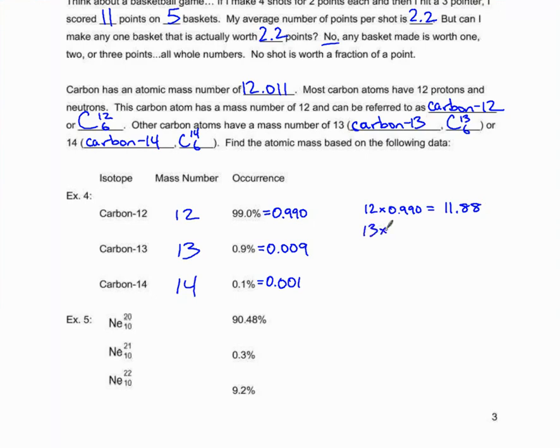We have 13, which is 0.009, which is 0.117. And carbon 14.001, this is 0.014. And these 3 numbers, I'm going to total them up, I'm going to add them together.